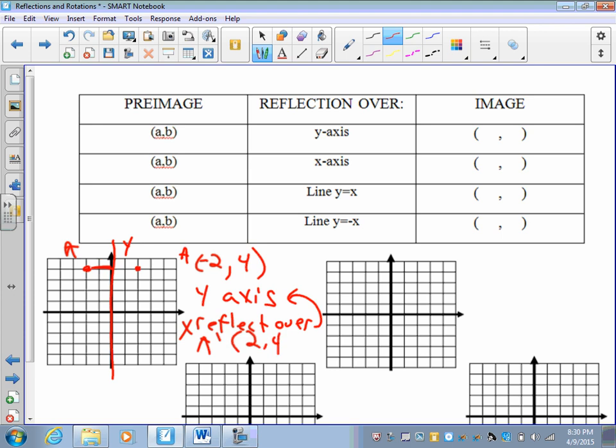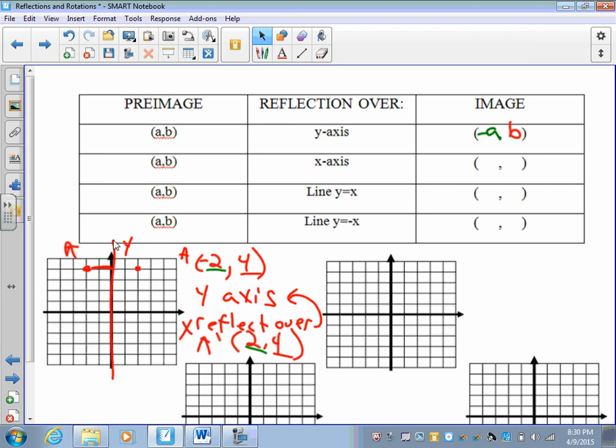So for a reflection over the y-axis, your x changes but your y stays the same, 4 and 4. What happened between A and A prime is we did the opposite. It was negative, it became a positive. So to represent an opposite, I'm going to put negative a.